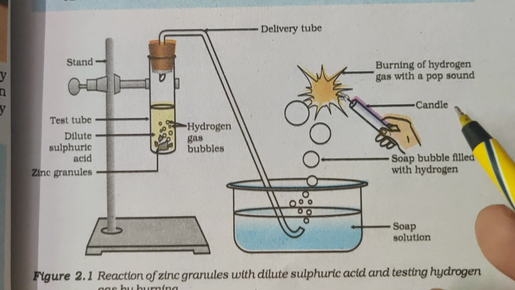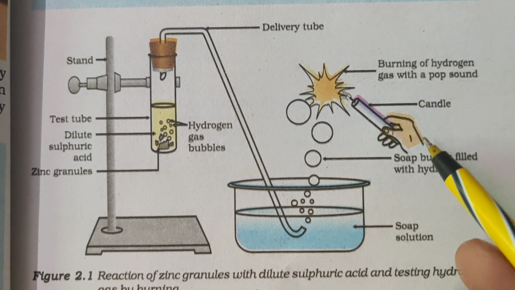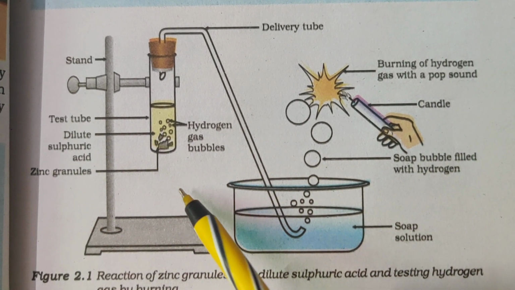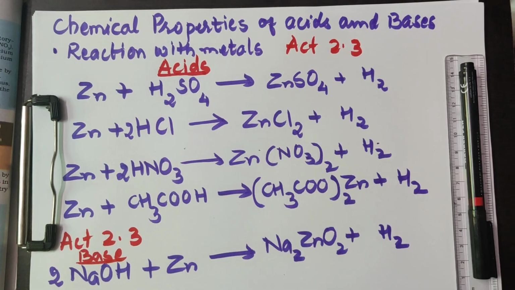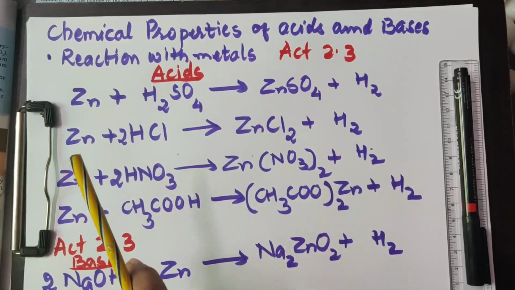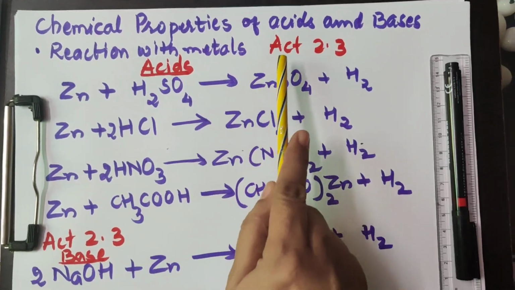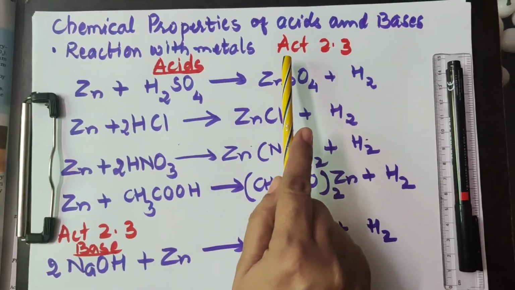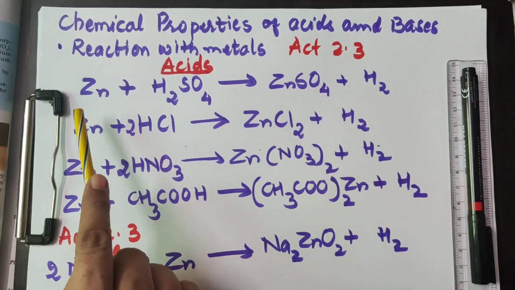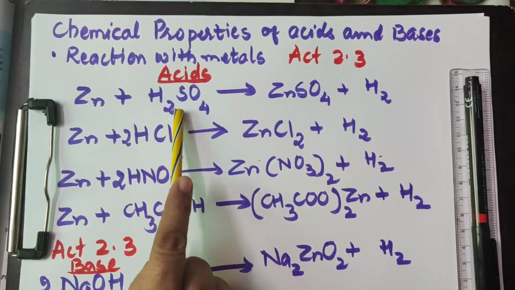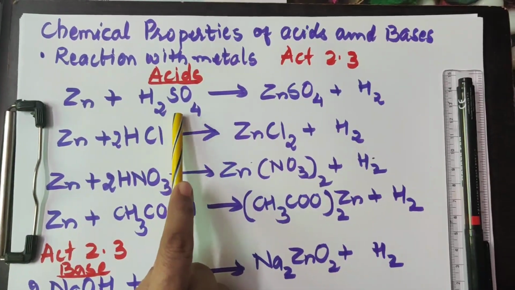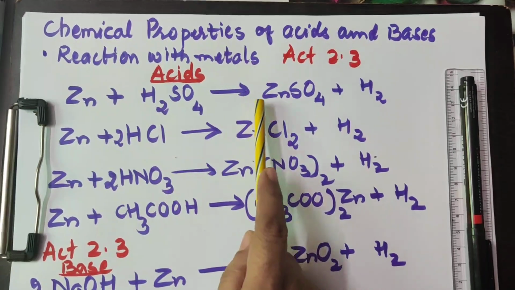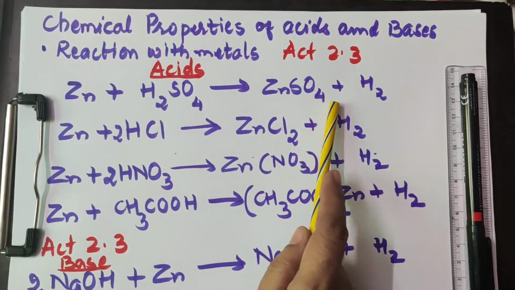So let us write the reaction of metal with acid. The reaction we have seen in the setup in activity 2.3: when zinc combines with sulfuric acid, Zn plus H2SO4, this is sulfuric acid, gives ZnSO4 plus H2.